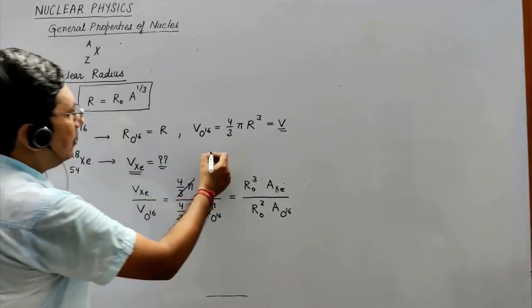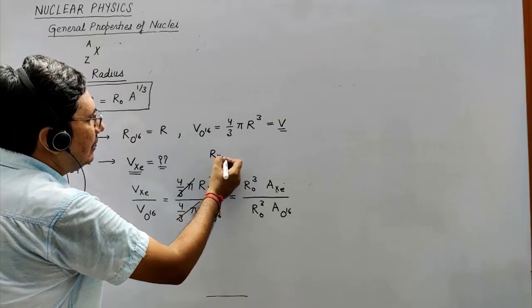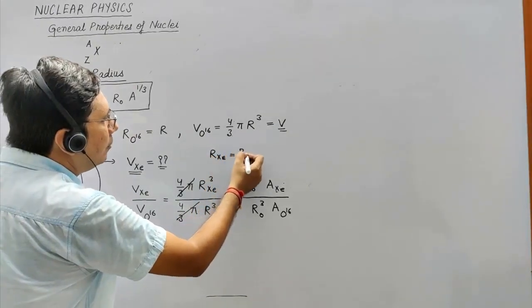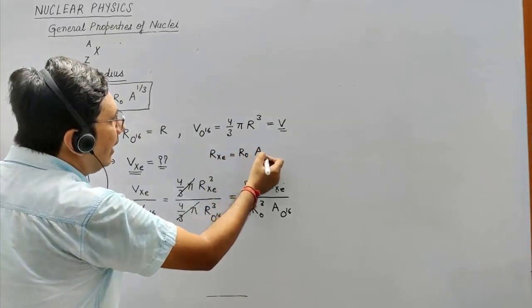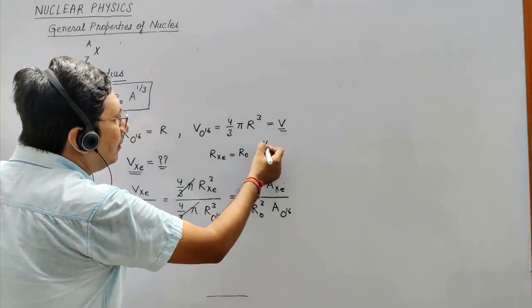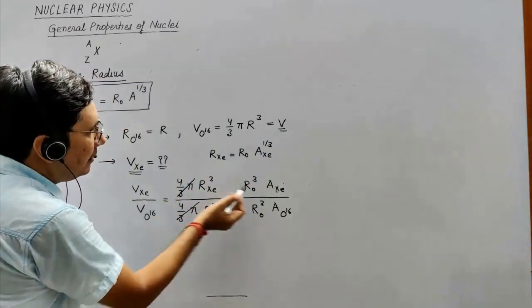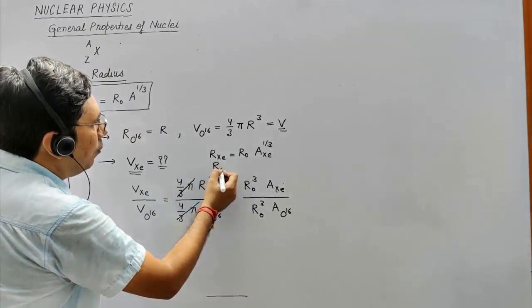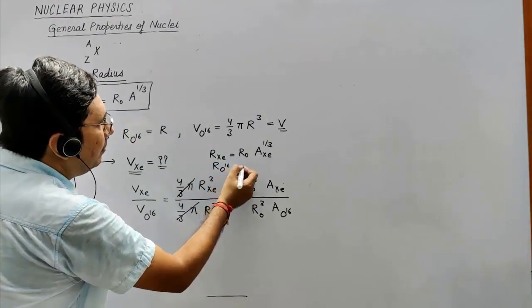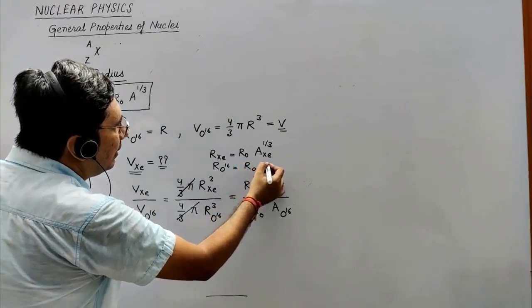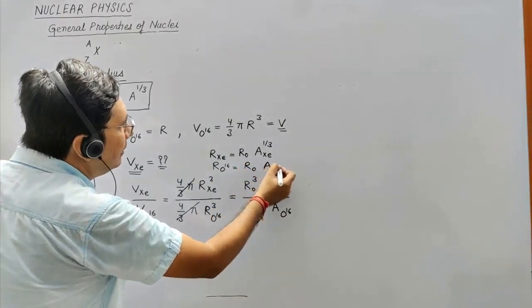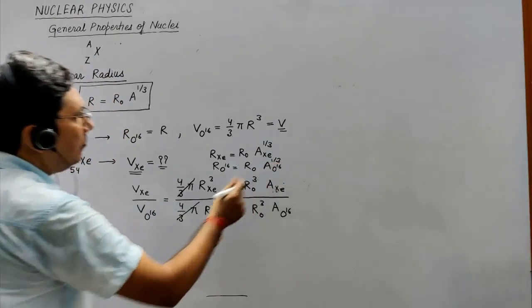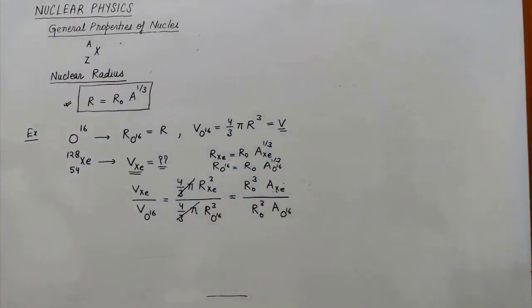Because here we have used the formula that R Xe is equal to R naught A Xe to the power 1 by 3. Make the cube of this, you will find this expression. Similarly for R O16, this will be R naught A O16 to the power 1 by 3. So we have used these formulas here.